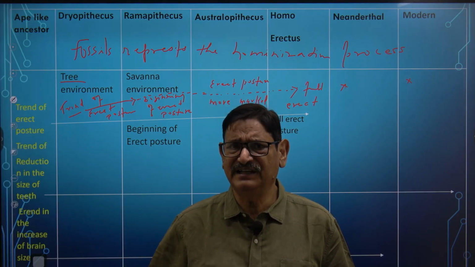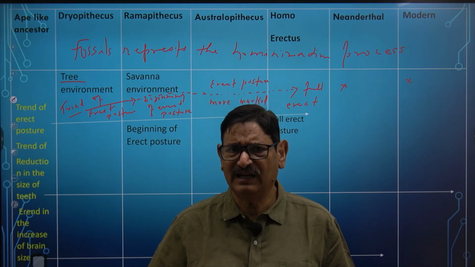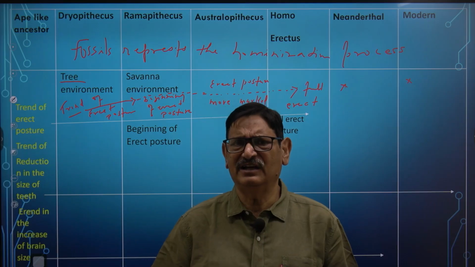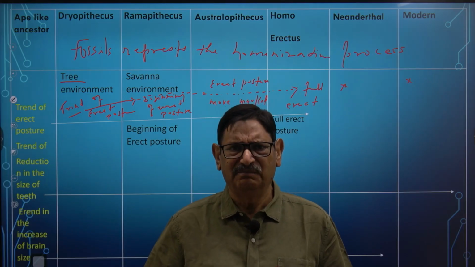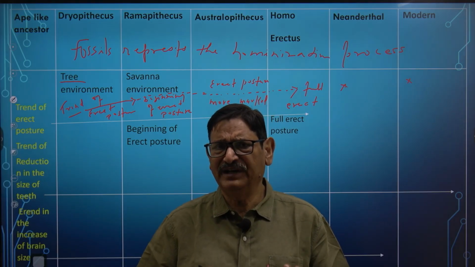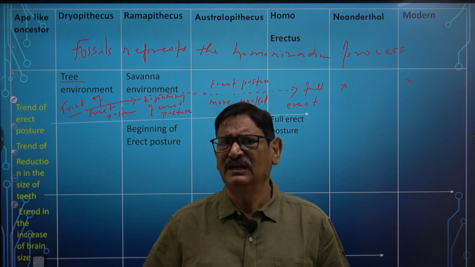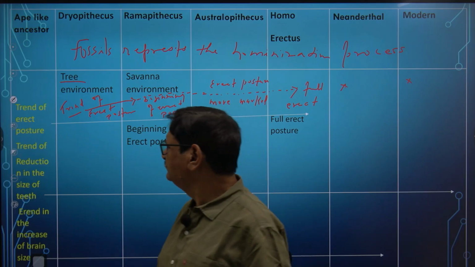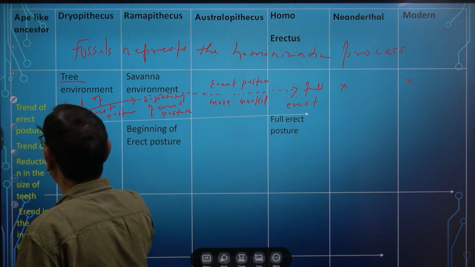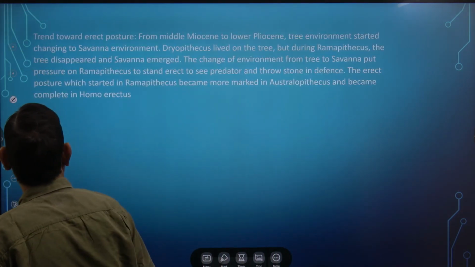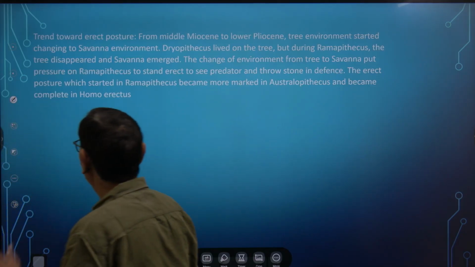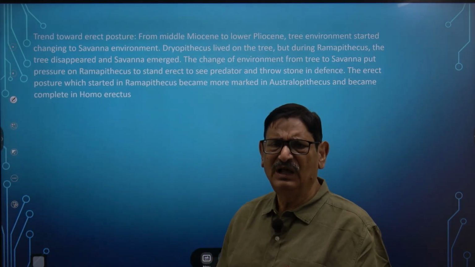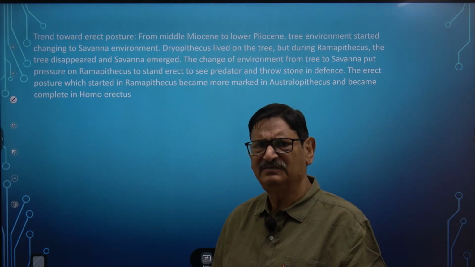So the designation of Homo is not attached to Australopithecus, because it is still not clear whether Australopithecus made tools or not. Homo erectus was the first fully erect hominid to make tools.